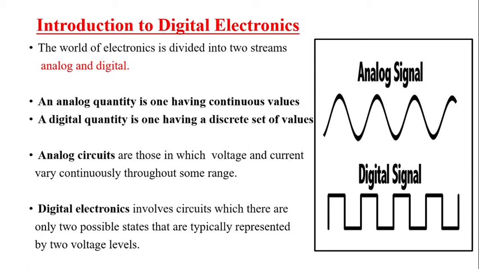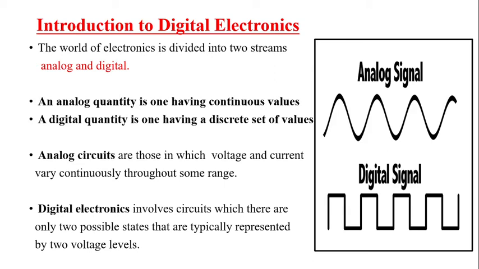Let's see in the introduction that in the right corner we can see an analog signal and a digital signal. What we are trying to study is that whatever we see in this electronics world, all the instruments and gadgets, are divided into two streams: analog and digital.